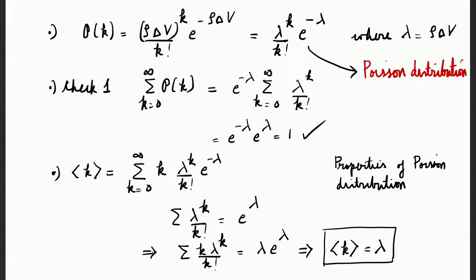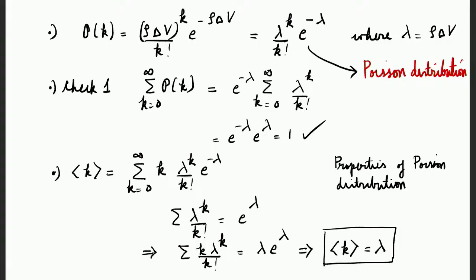What is the definition of the first moment? Expectation value of k, which is summation over k times p of k. Now p of k is this Poisson distribution, so I want to do this sum, summation over k times lambda to the power k by k factorial. You may have all done this before, but just for doing it one last time.